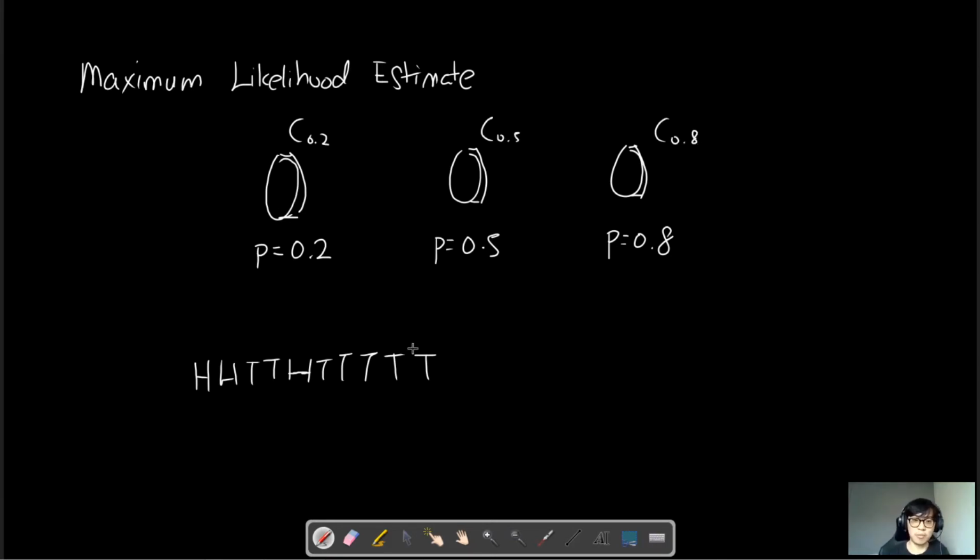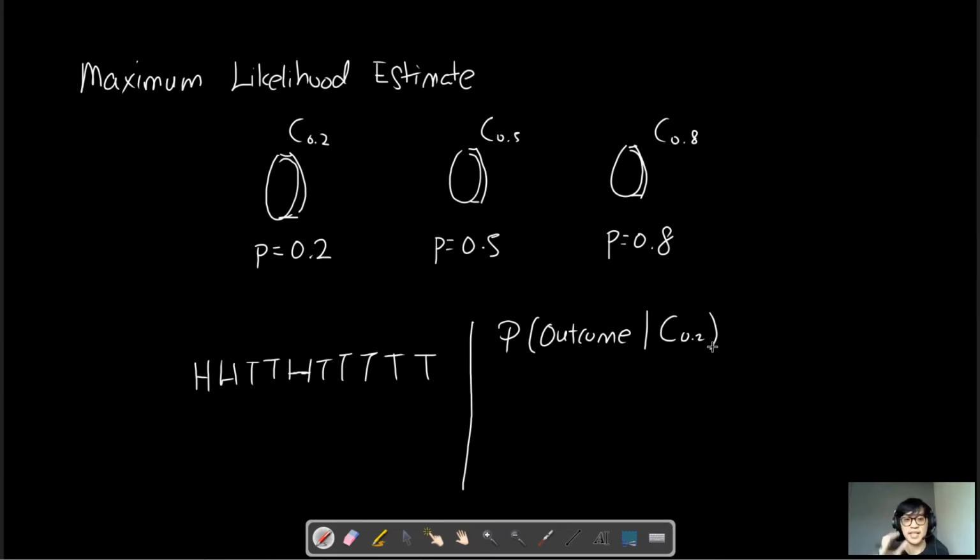So what I'm going to do now is to look at the probability that I see my outcome, given that I assume that the coin is some particular coin. So for example, if I assume that my coin is in fact the C0.2 coin, what is the probability that I see this specific outcome?